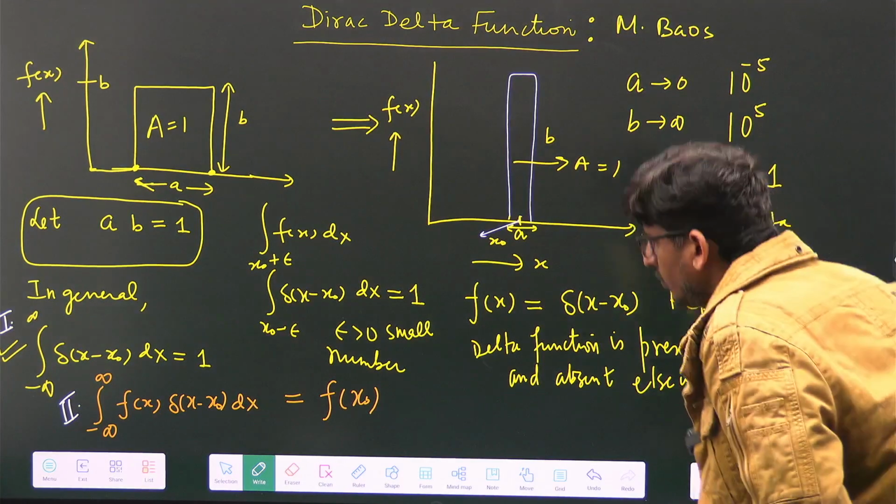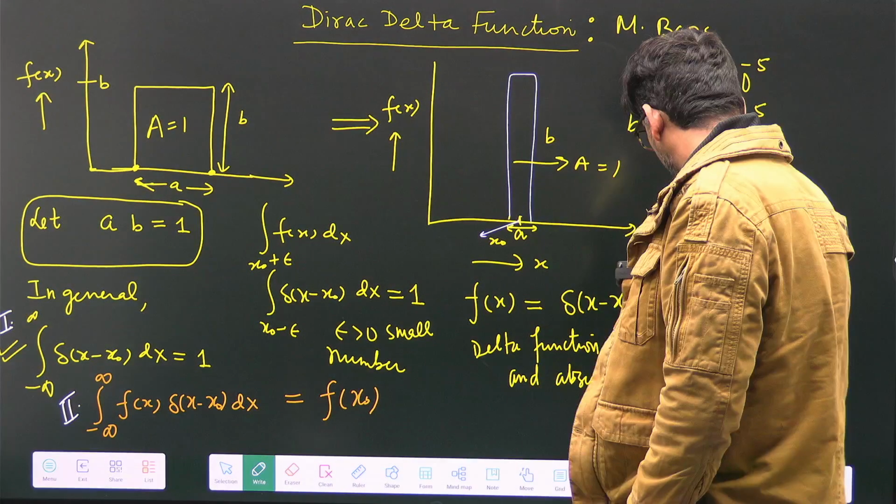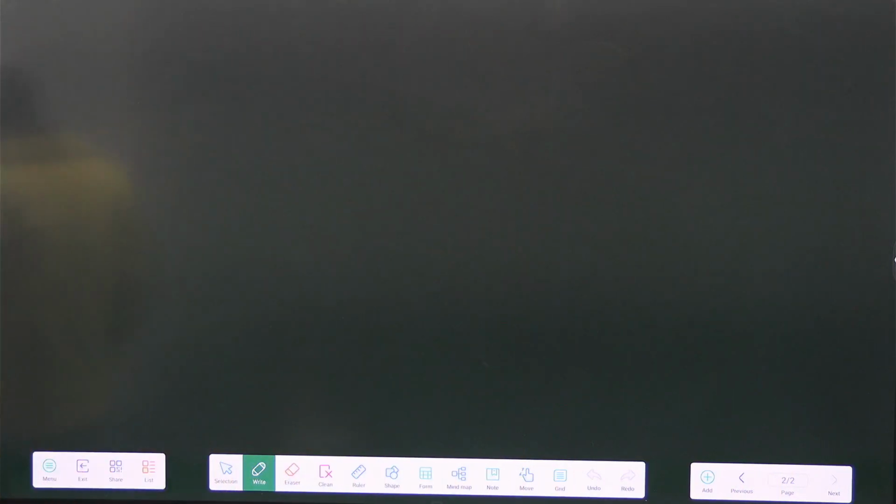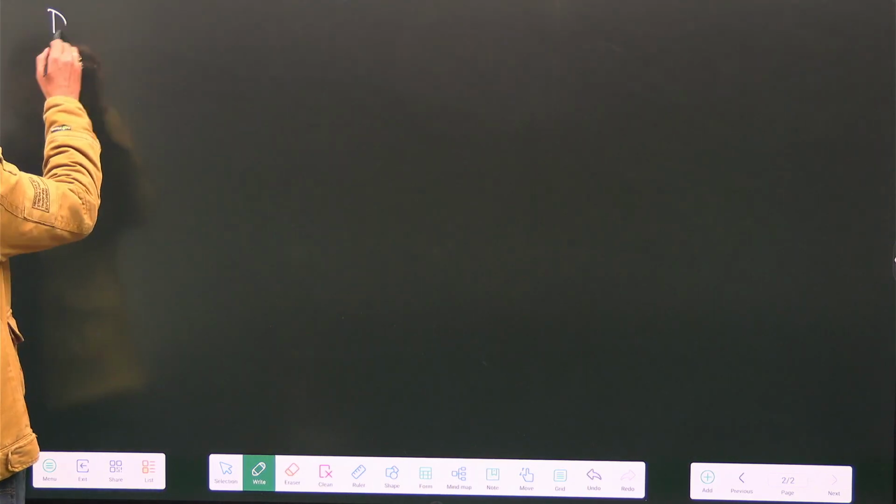These are the two important properties of the delta function which are very very basic, और इसको हम लोग को we have to use it. Okay, now comes the derivative.